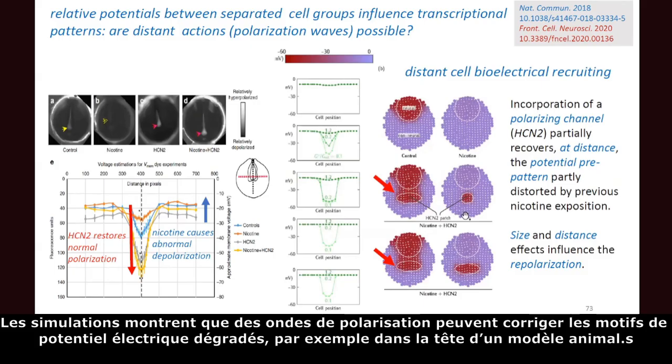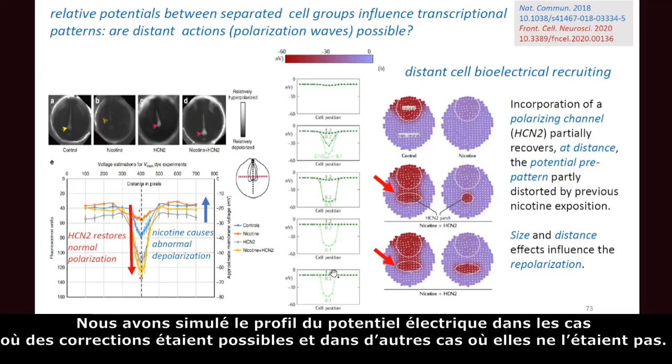We made some qualitative simulations in cooperation with Michael Levin and Dr. Pi. And what we found in these simulations is that in principle, polarization waves are possible to correct degraded electric potential patterns, in this case in the head of the frog, the model animal.